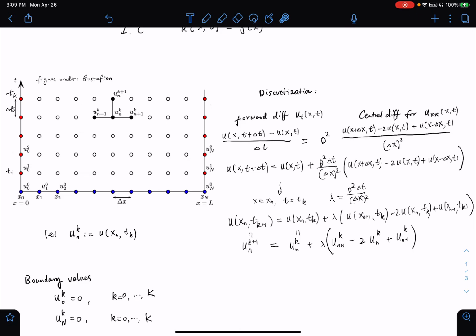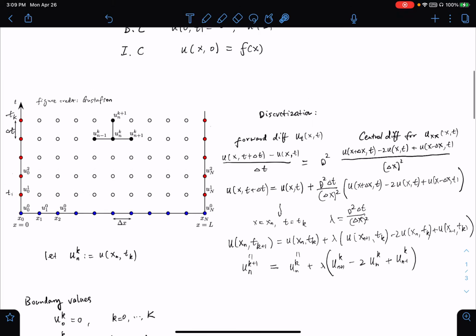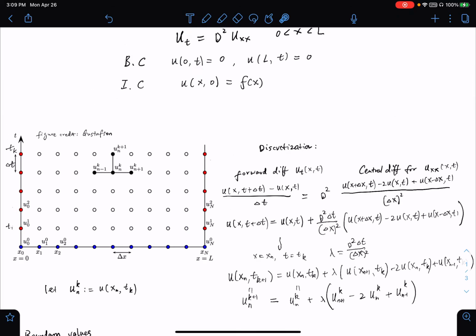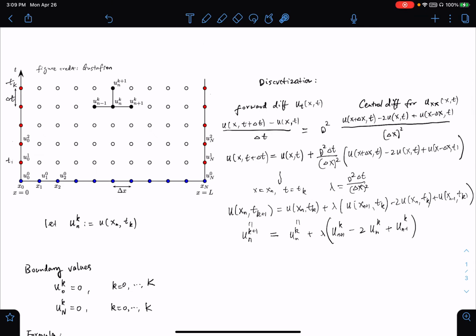So what about the points on the boundary? Here is x equals 0 and t equal to t0, t1, t2, t3, etc. In this problem, the boundary values are 0. It's given. So as we just explained, these values can be generated by the recursion formula, and these values are given by the boundary condition.